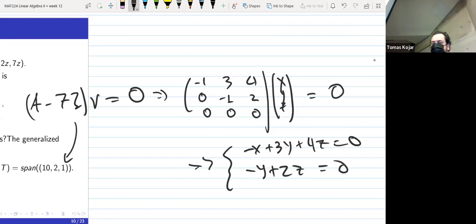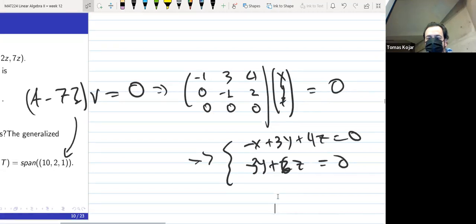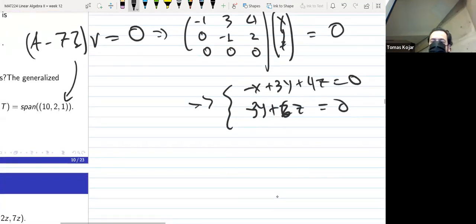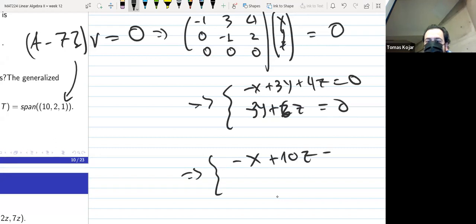And here, like in Gaussian row elimination, you want to cancel them out. So maybe multiply by 3, right? And just add. Okay, whatever. So you add it. So you have minus x plus 10z, and then what is it?